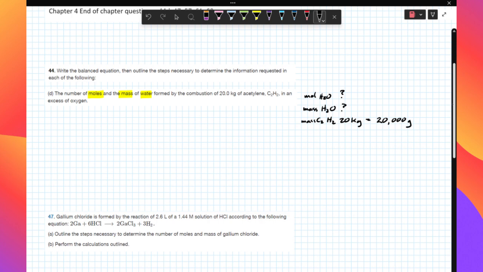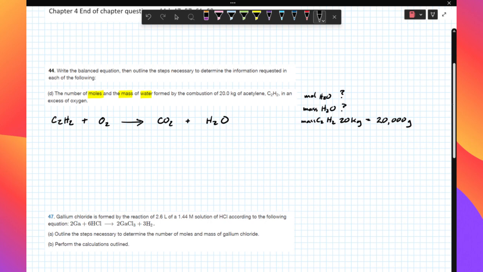So in a combustion reaction, basically you're reacting whatever your reactant is with oxygen, an excess of oxygen, and we are producing CO2 as a byproduct and H2O. So this is our starting point.